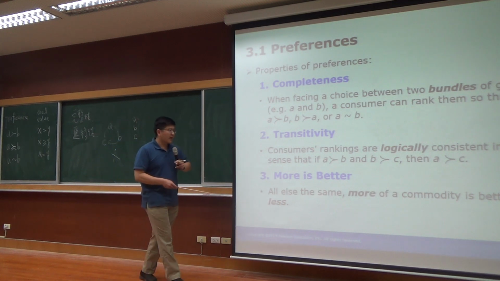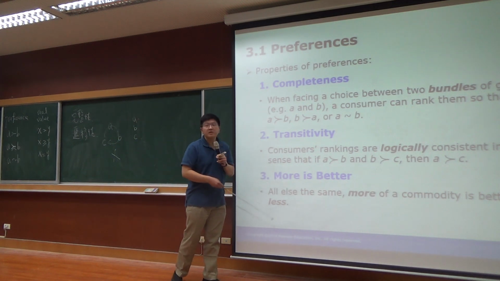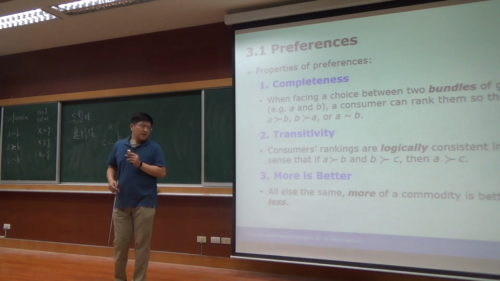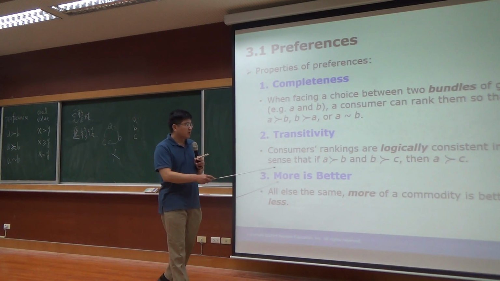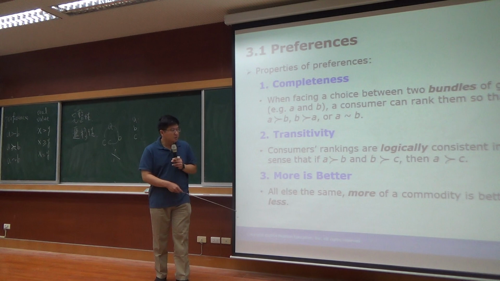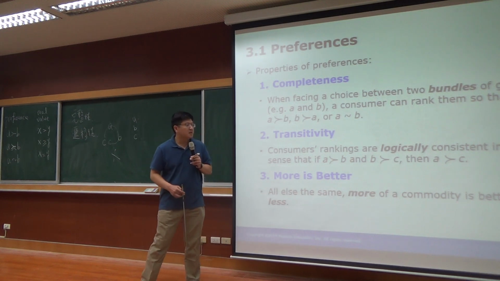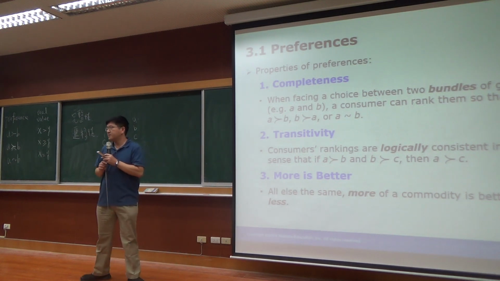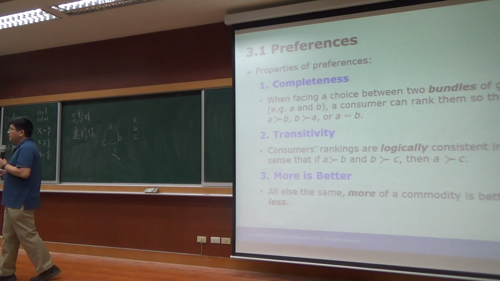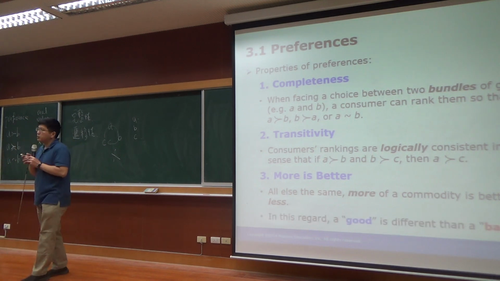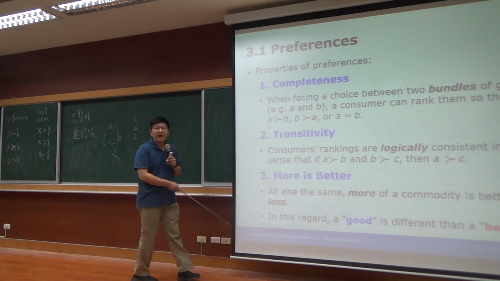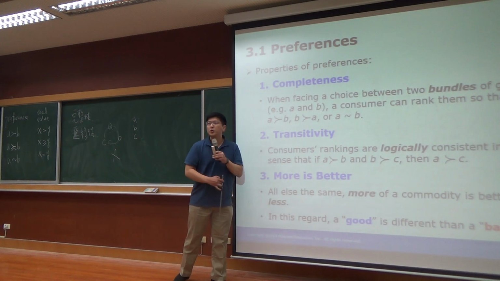So something you like, the more, the better. All else the same, other things being equal, more of a commodity is better than less. More is good. And actually we use this property to define something we call a good.